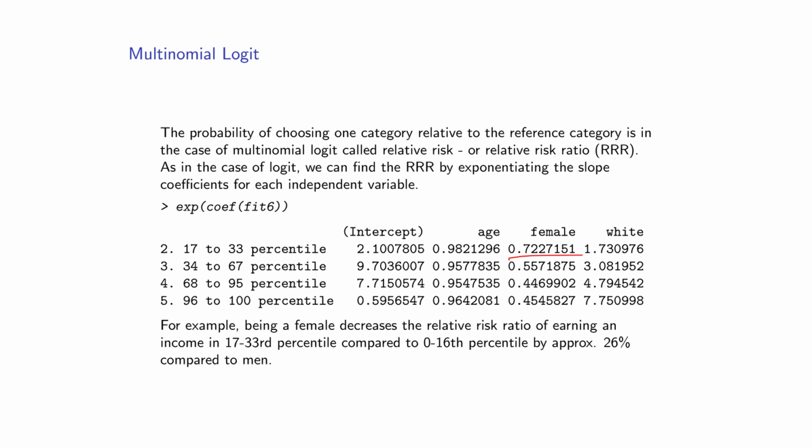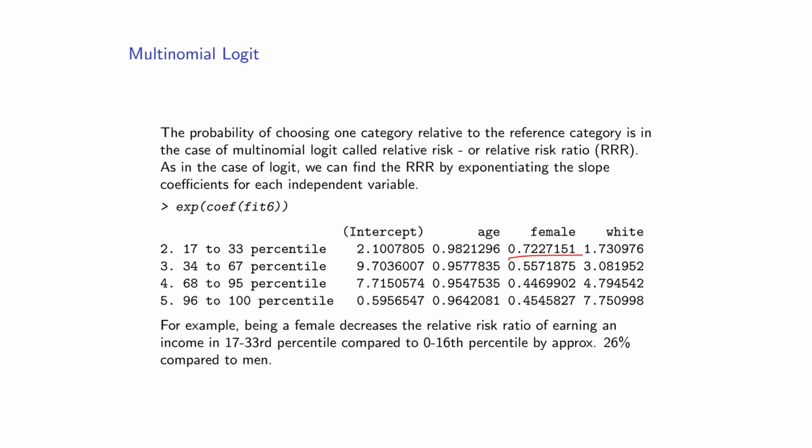It's kind of like a brother of the odds ratio, but a little bit more complicated because now it is a ratio of 2 ratios. One for the referent group, the first income category in our case, the 0 to 16 percentile category, and one for the comparison category, which in this case is the second income category, the 17 to 33rd percentile category.